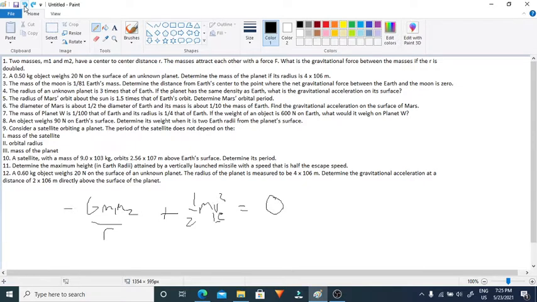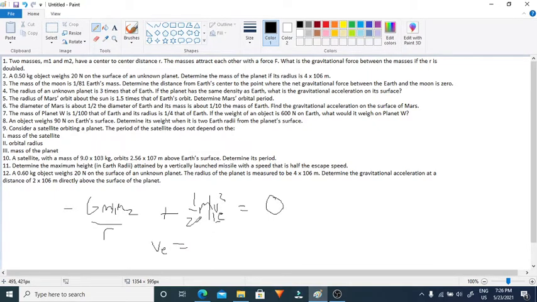I will start by first solving this equation for VE. So it's V initial. Our VE is going to equal, we can cancel these M1s out right away.